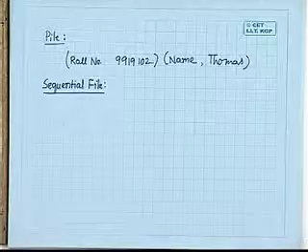In case of sequential file, as we said that a file consists of a number of records, the records consist of a number of fields. So a sequential file consists of records of fixed length. That means every record will have fixed number of fields. Okay? Every field will have fixed length, right? And the locations of the fields are also specified.